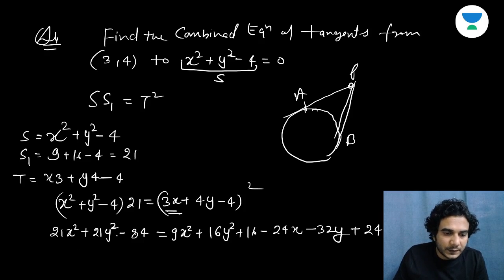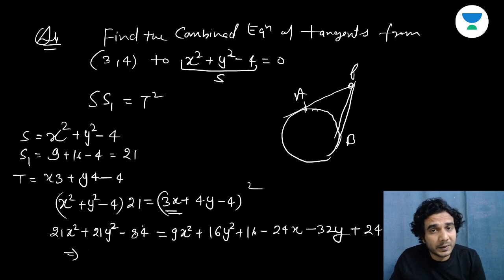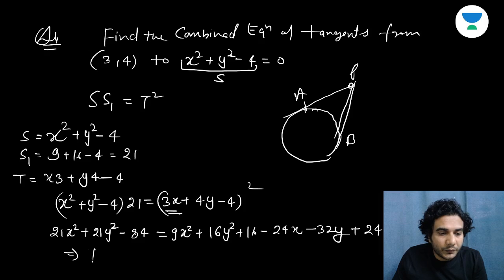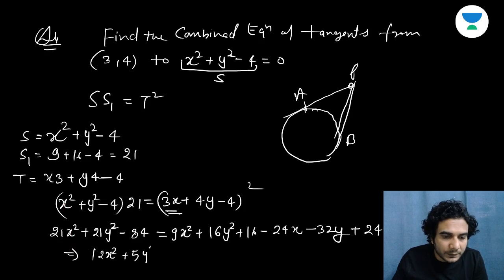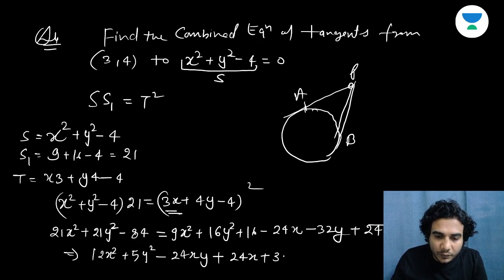So you can see it is 9. If I finally write it in a simplified form, yeah, it's a 2-degree general equation because pair of straight lines is represented by a 2-degree general equation. So it is 12x square, sorry, 21 minus 9 is 12, and 21 minus 16 is 5. This is 5y square, minus 24xy, plus 24x and plus 32y.